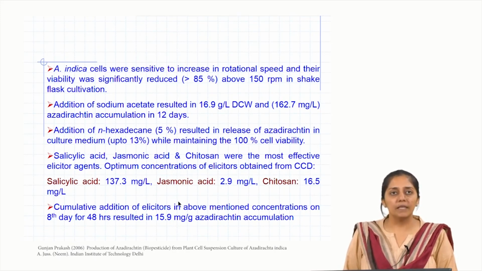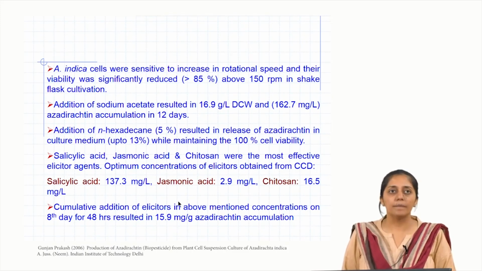Then permeability enhancers were optimized and hexadecane 5% was chosen, which could result in 13% release of azadirachtin in the medium while maintaining the viability at 100%.